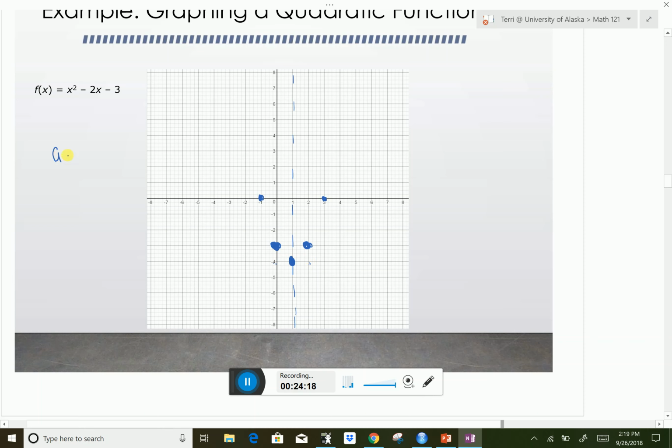A in this case is 1. So I go up a. If I go over 2, I go up 4. If I go over 3, I go up 9. 1, 2, 3, 4, 5, 6, 7, 8, 9.